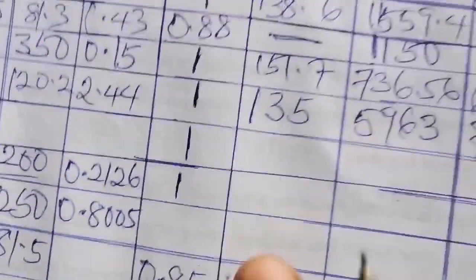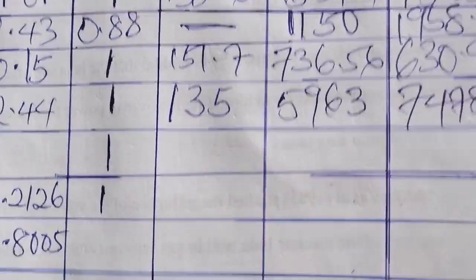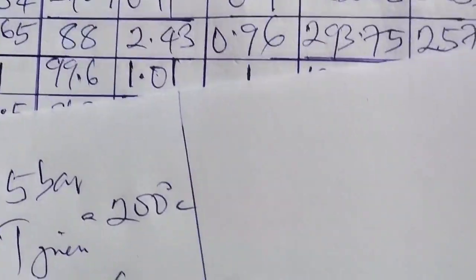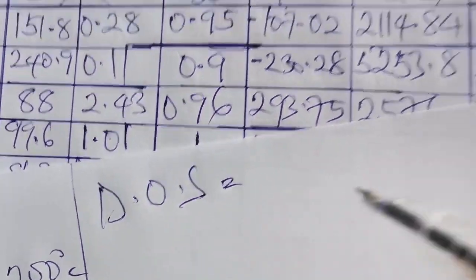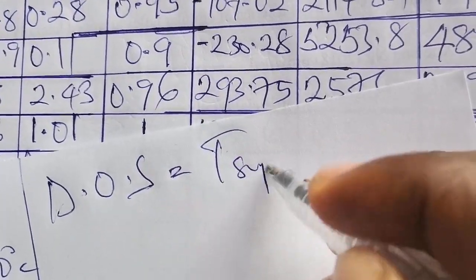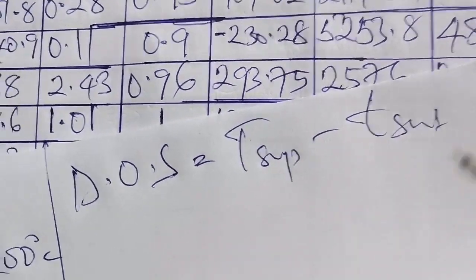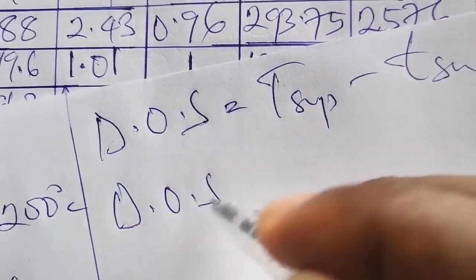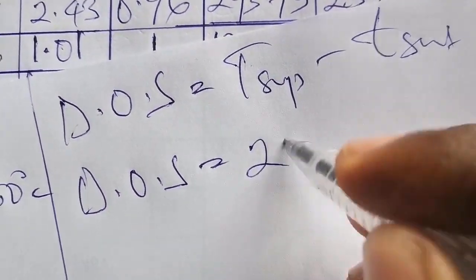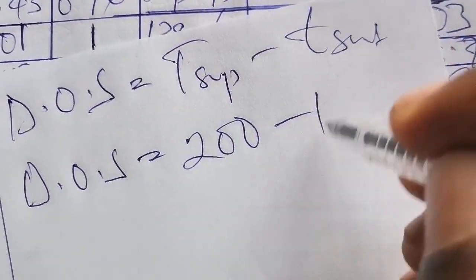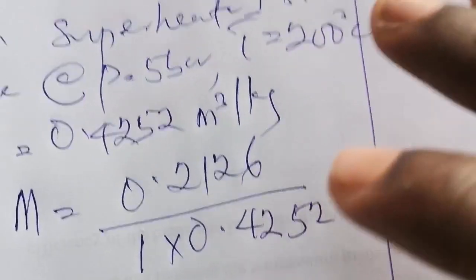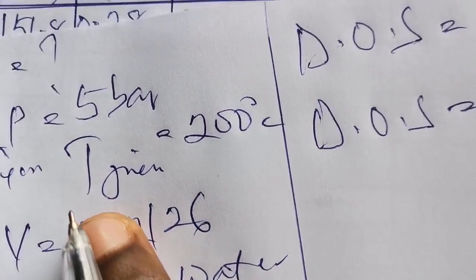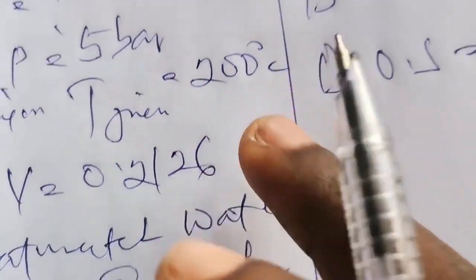Next up is to find the degree of superheat. Of course, we all know degree of superheat is always the superheated temperature minus the saturation temperature. Superheated temperature is the given temperature, that's 200 degrees Celsius.